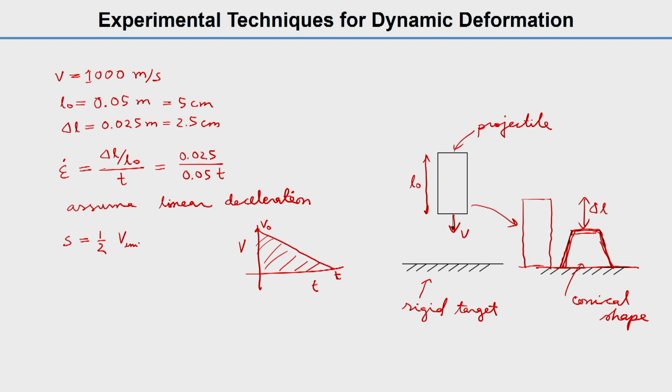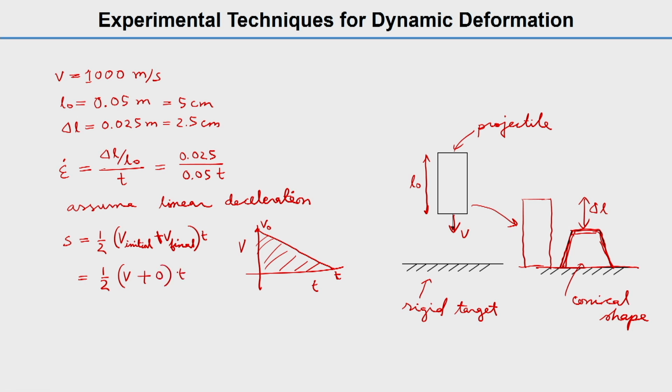v initial plus v final, multiplied by t. So in this case, the initial velocity is v, which is let's say 1000 meter per second for our case, and the final velocity is 0.